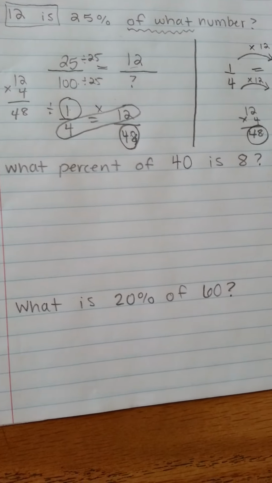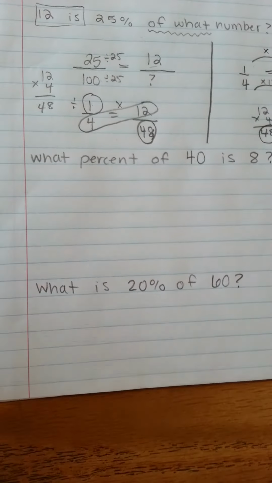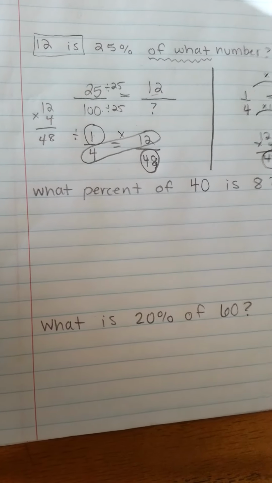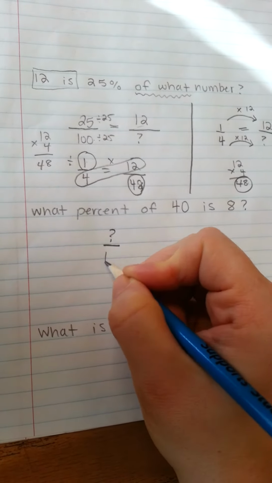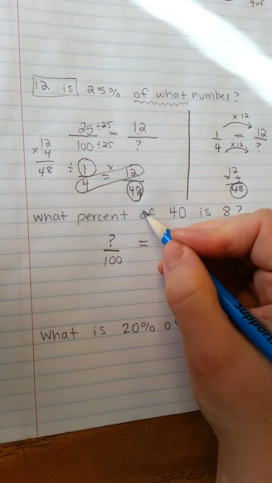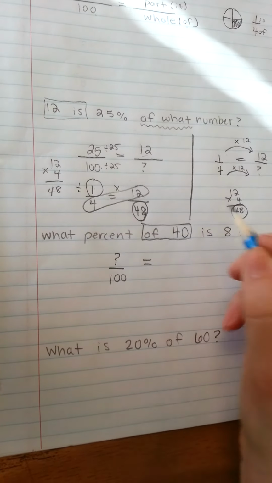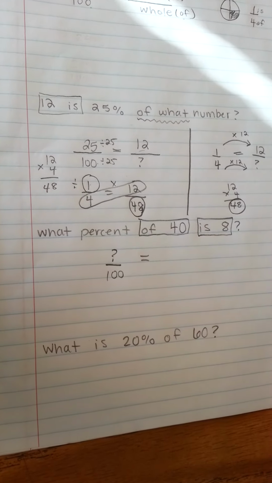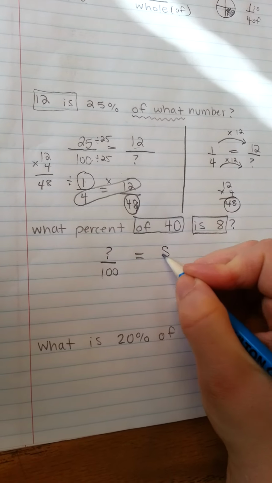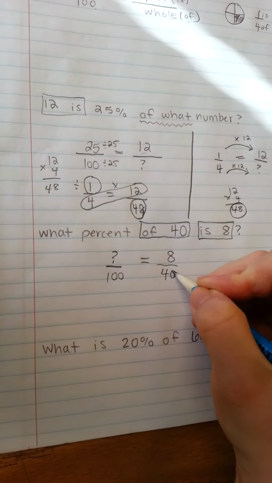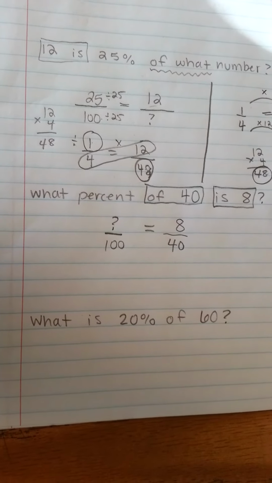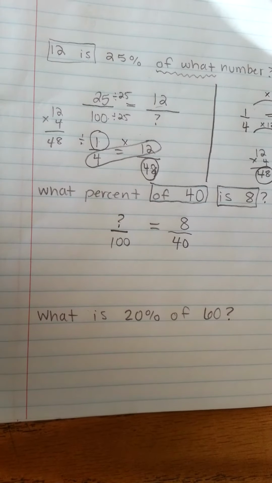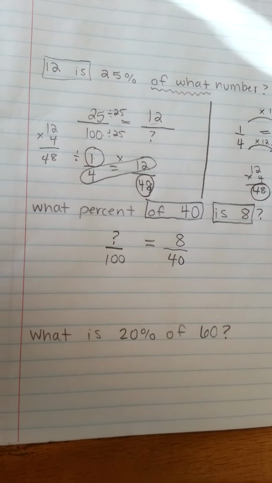All right, what percent of 40 is 8? Let's take a look. I'm looking for my percent. It says of 40 is 8. So is going to go on top, and 40 will go in the bottom. Now I'm looking at 8 over 40, and I'm thinking, I think I can simplify.